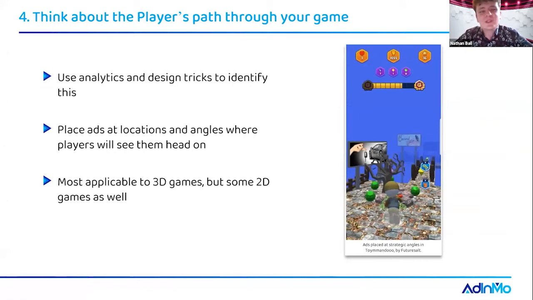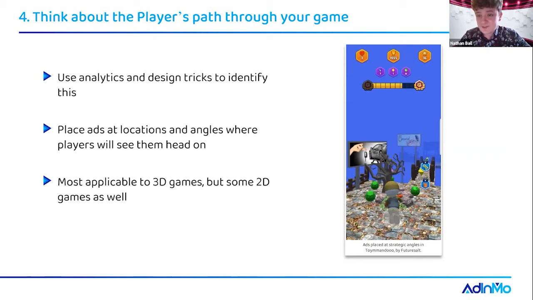Tip number 4 is to think about the player's path through your game. This is similar to the first tip. If you're developing a shooter game or a 3D game, and you're tied into the community, you'll know the paths the players take. You've probably set up the old design tricks: arrows painted on walls, trails of coins, power-ups, etc. And you know that the player is more likely to take those routes than other routes.